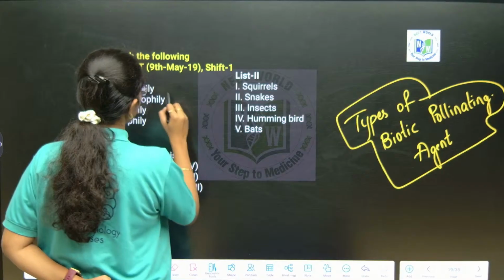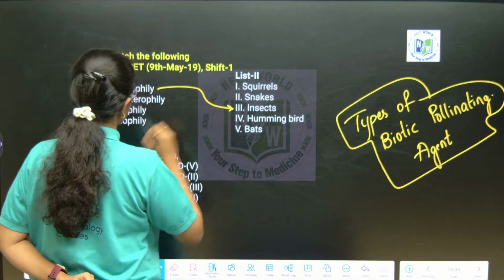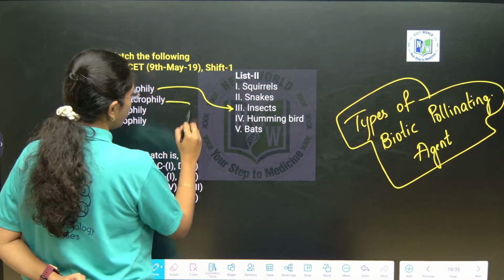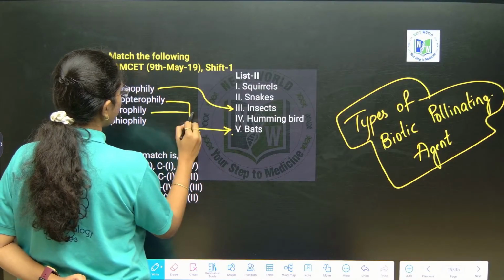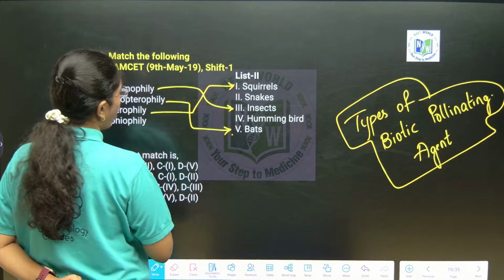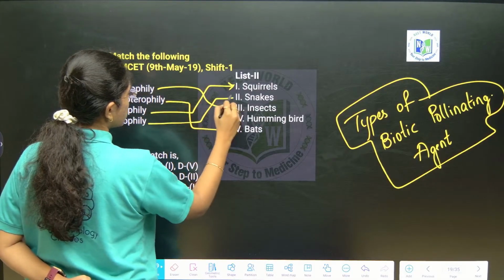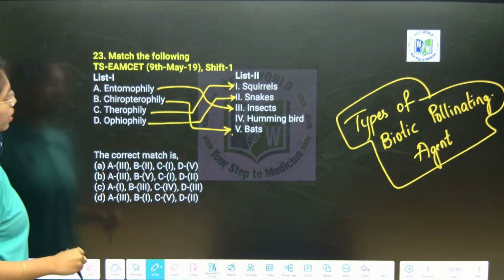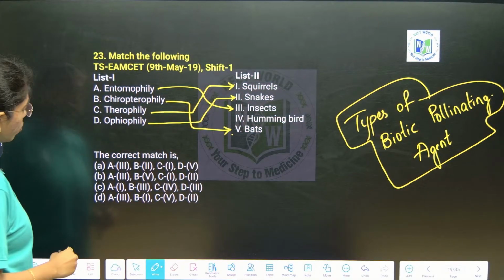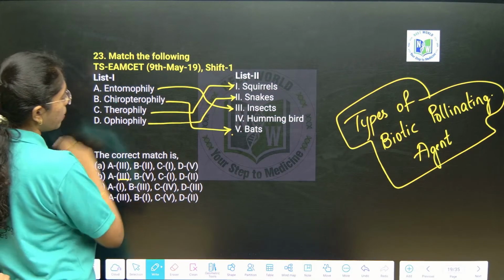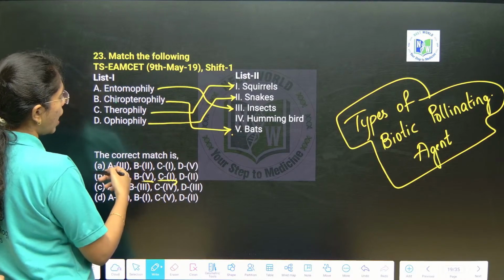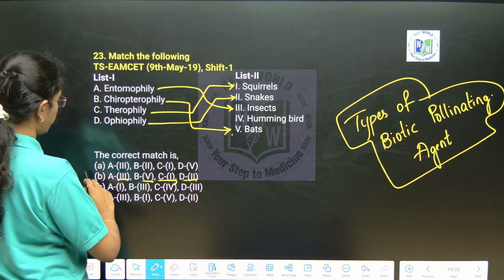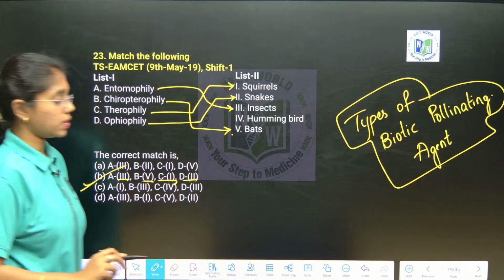Entomophily is the pollination by insects. Chiropterophily, pollination by bats. Thyrophily, pollination by squirrels. Ophiophily, pollination by snakes. Okay. So, here we go through first entomophily, that is option 3, B is option 5, C is option 1 and D is option 2. B is the right answer.